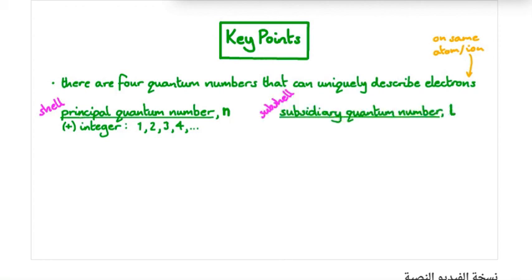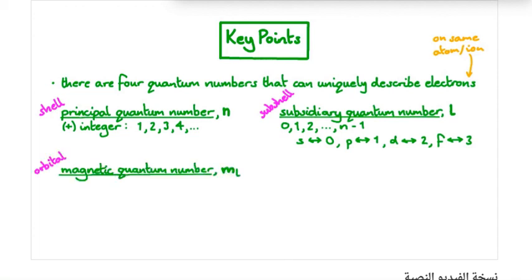Next is the subsidiary quantum number, also known as the orbital angular momentum quantum number, which uniquely identifies the subshell. l can take a value of 0, 1, 2, up until n-1. S subshells match up with the value of l of 0, p 1, d 2, and f 3.